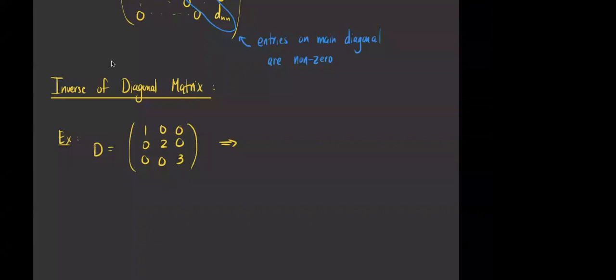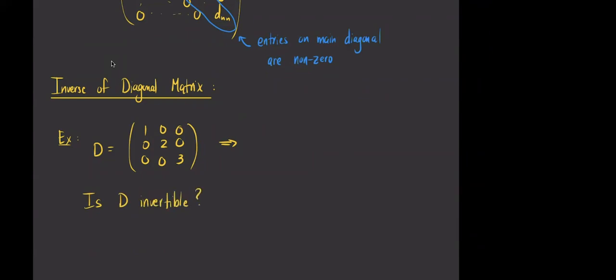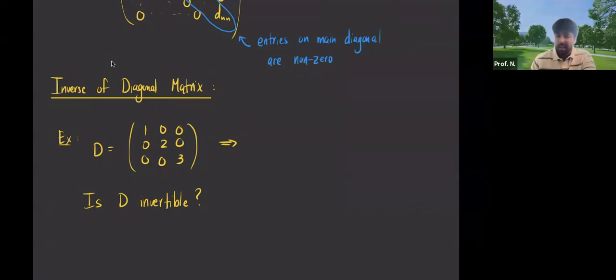Is that right? Let me ask, is D invertible? It's invertible. So now my question is, how do you know?